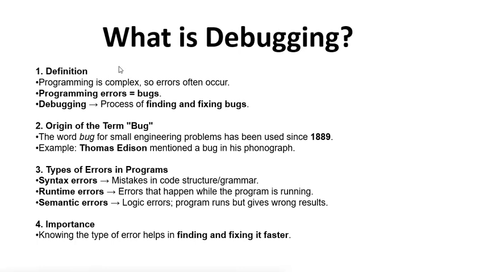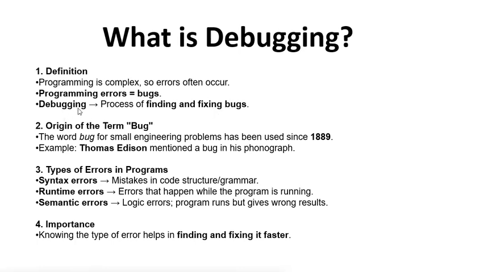Debugging means the process of finding and fixing the bugs: you have to find where exactly the bug occurred and fix it. This is called debugging.